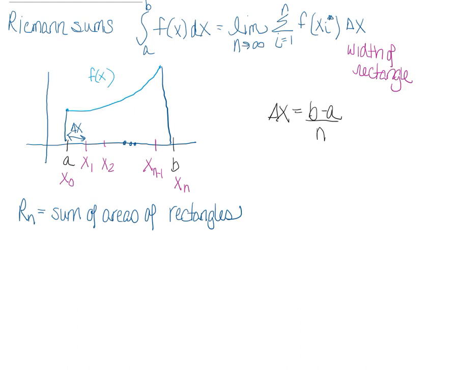And remember, the area of a rectangle we know is the length times the width. So when we talk about the right endpoint, we're going to use the right endpoint to determine the height of that rectangle.